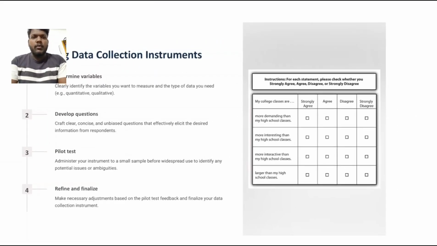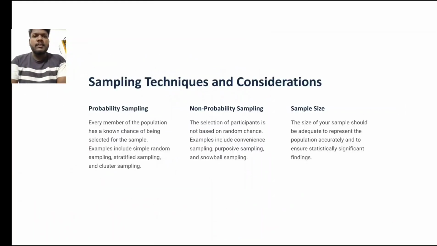And next is sampling techniques and considerations. First is probability sampling, second is non-probability sampling, and third is sample size. In probability sampling, every member of a population has a known chance of being selected for the sample.